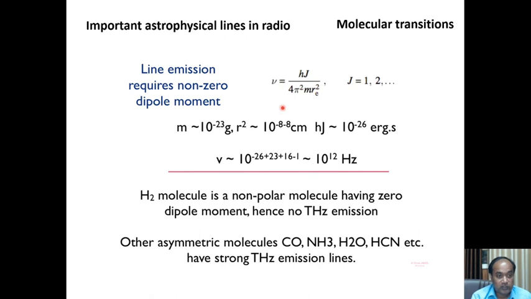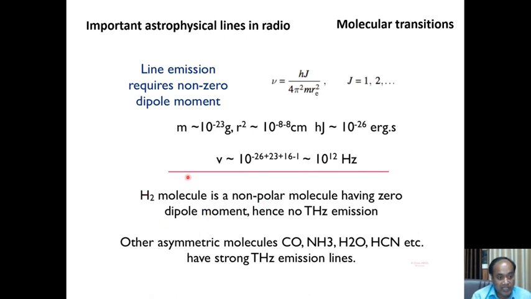If you plug in this formula the most common numbers, like the mass, the radius, and the dipole moments in energy, when you work it out, the frequency comes to about terahertz, which is in the millimeter waves. And so there is a whole terahertz astronomy, which is somewhere in between radio and optical in terms of frequency. So it's neither a low frequency, nor a very high frequency like optical.